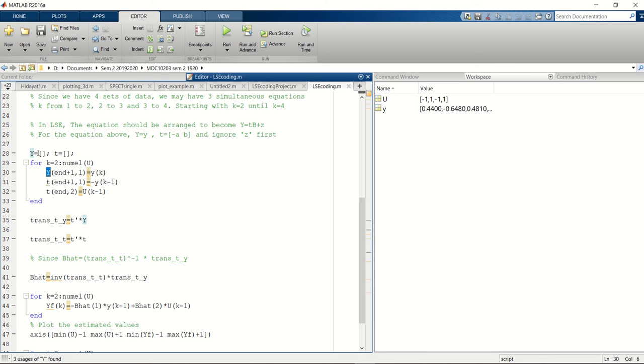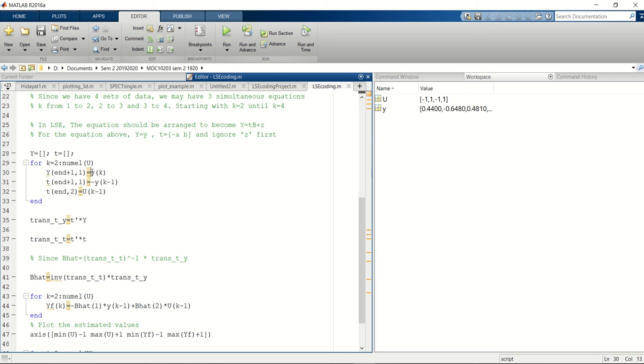I assign y as a blank matrix, t also a blank matrix, so that this is how we assign values in our matrix. Since this is a matrix, not a coordinate, this is the vertical, this is the horizontal. Okay, so n plus 1, since nothing here, so n plus 1 equals 1.